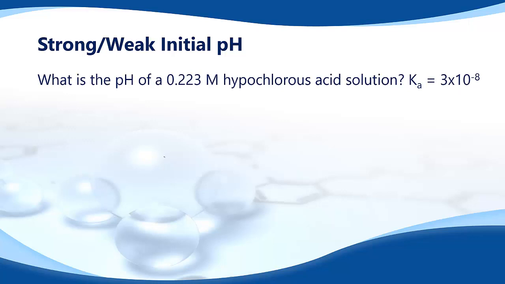This right here is just our basic Ka problem. So we have a hypochlorous acid solution. Before we start, all we have to do is just do our Ka. So hypochlorous acid is HClO. That's going to form H+ and ClO-. Do our ice table.